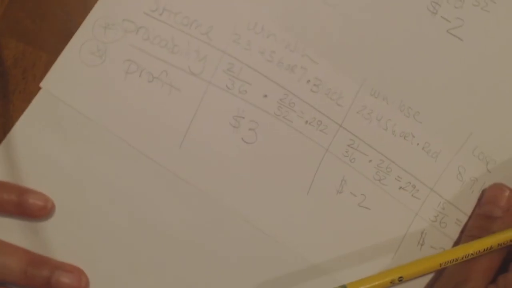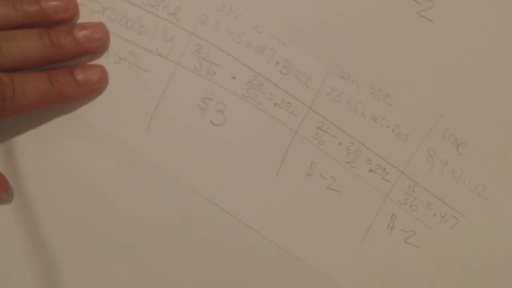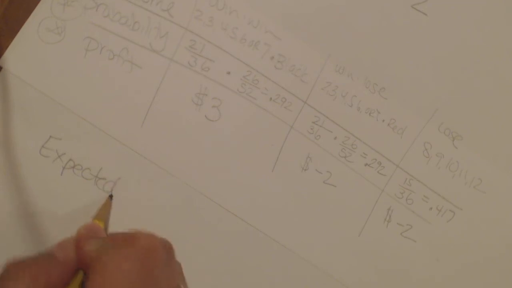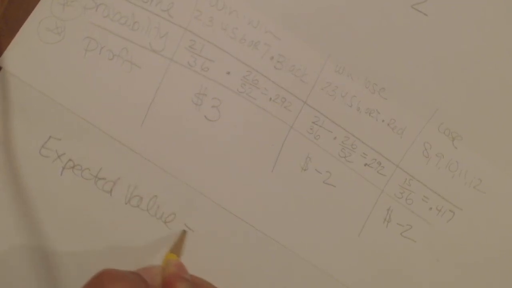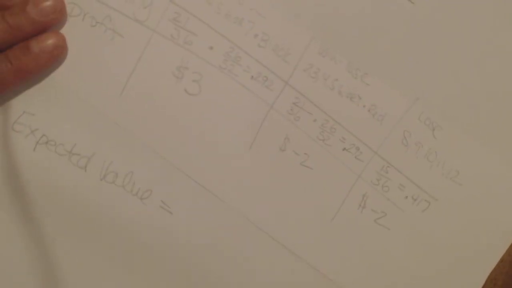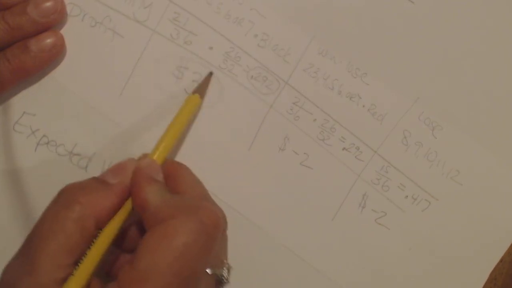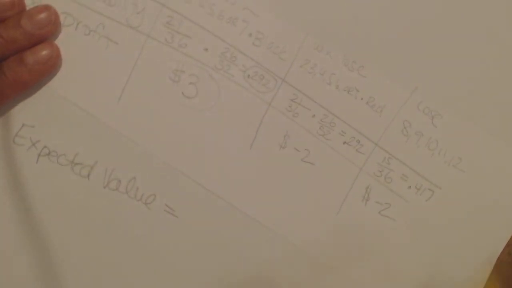From your table, what you're going to do is, expected value equals, you're going to take each one of these probabilities and multiply it by its profit. So I'm going to take my 0.292 and multiply it by its profit, which is 3.